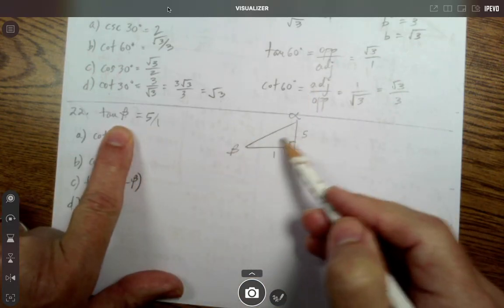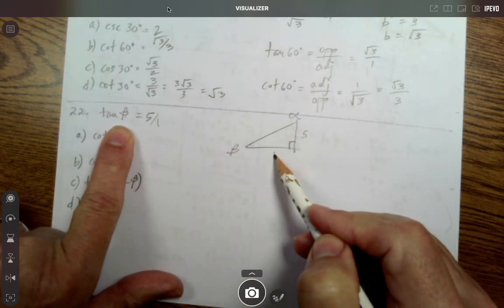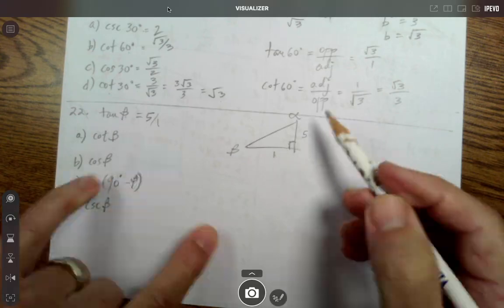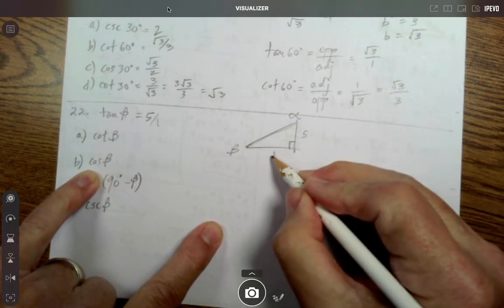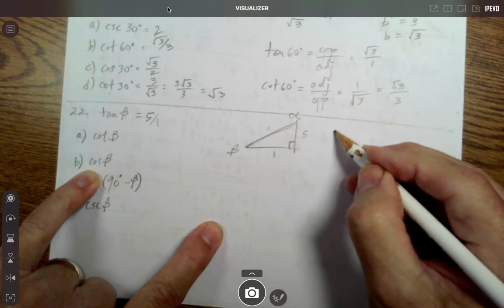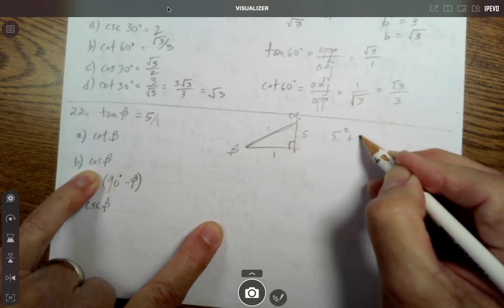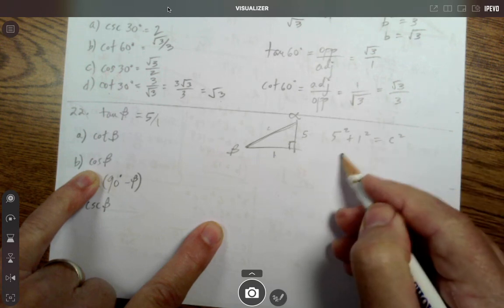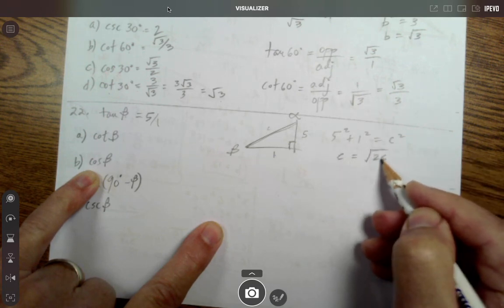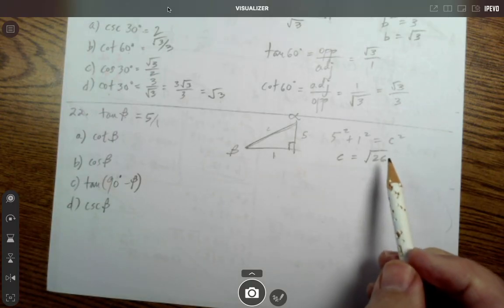Because tangent is opposite over adjacent. So now we can find this. This is your C, right? So we'll do 5 squared plus 1 squared is C squared. That's 26. So C is the square root of 26. I don't think I can simplify that.